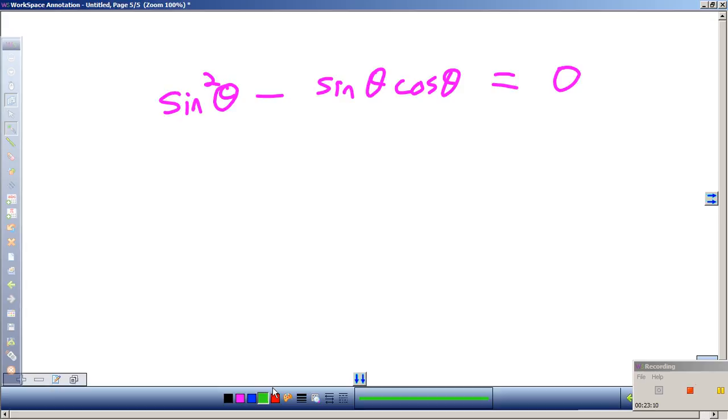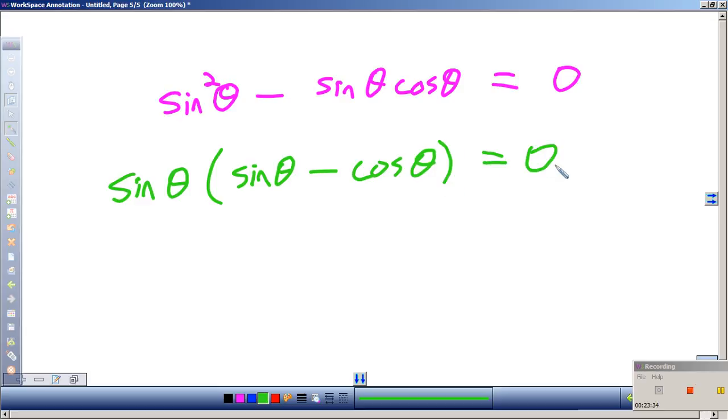So how would I do with this one? Okay, factor out sine. And what am I left with? Okay. So, first, what are my solutions for this one?